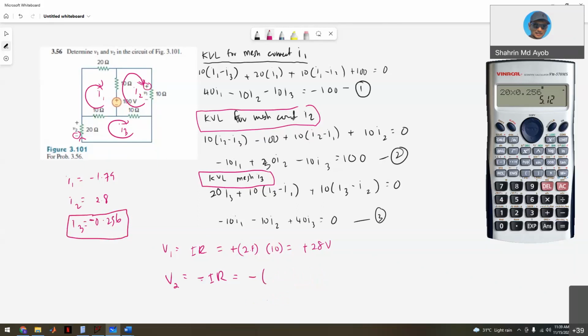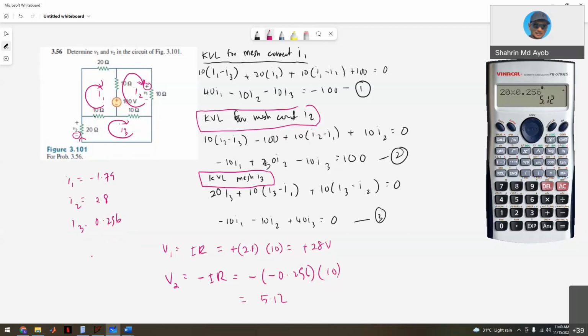And the value of I3 is negative 0.256 multiplied with 10, so you will have positive 5.2. Simple like that. So don't change the sign or so on. If you obtain the sign positive, just stick to the positive.